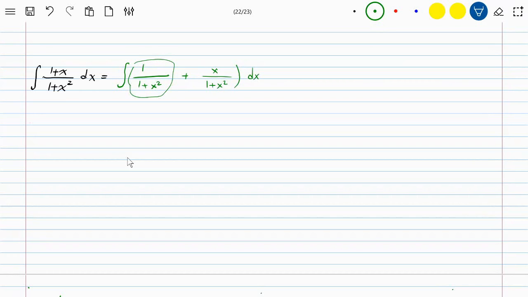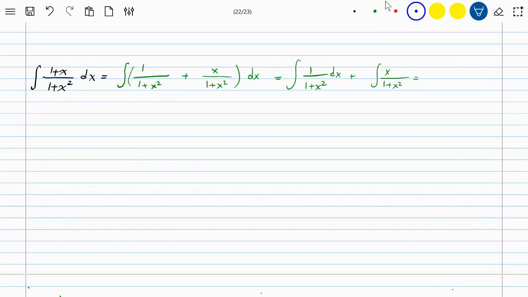Now I can find the antiderivative of this one. Simply it would be tan inverse. The question would be, how do I calculate this antiderivative? So let me write that in two separate integrals. You write integral 1 over 1 plus x squared dx plus integral x over 1 plus x squared dx.